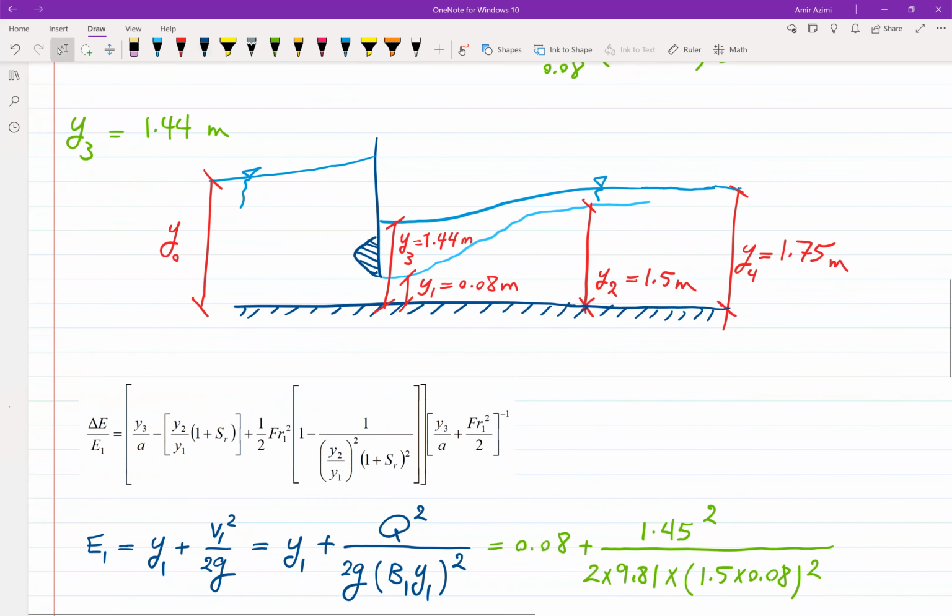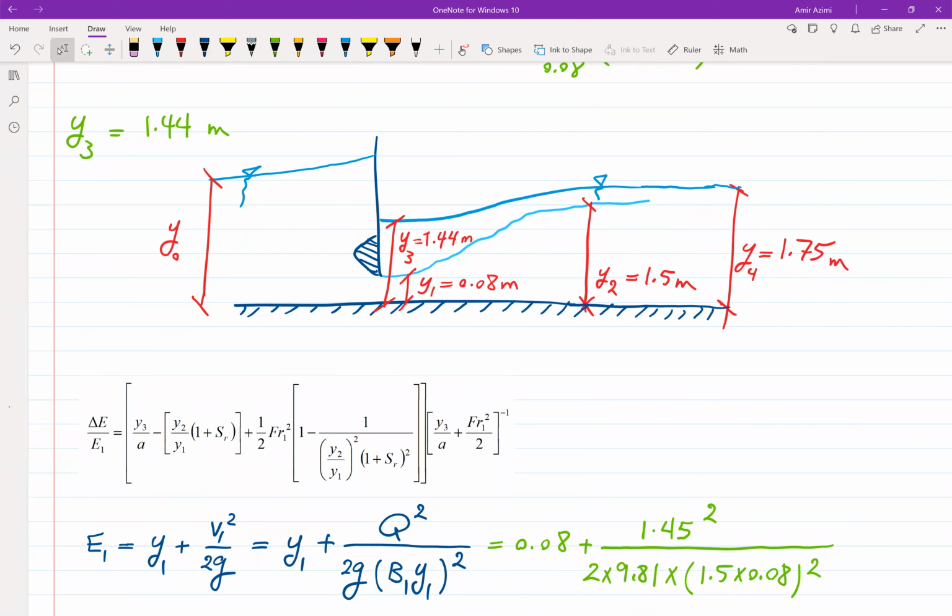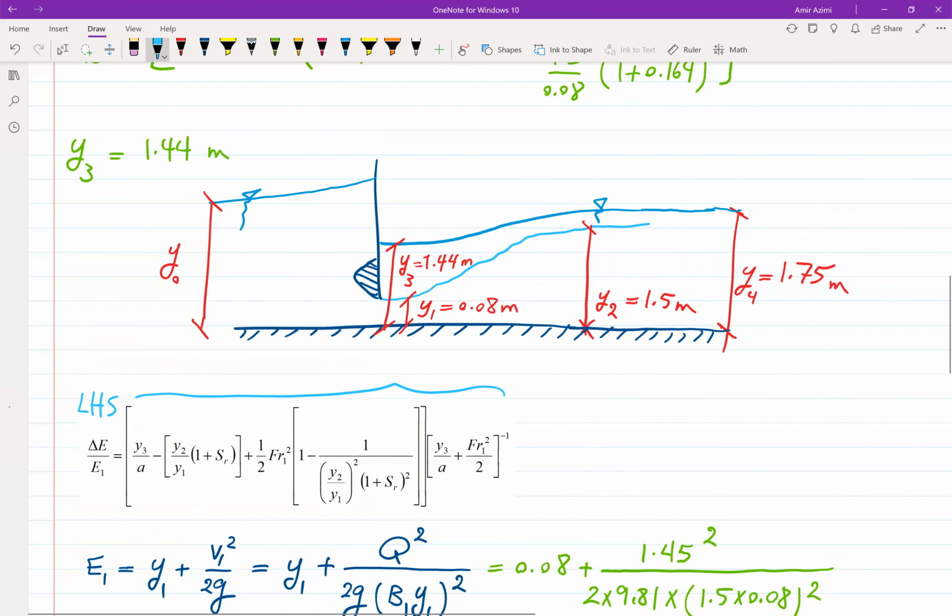For the energy loss, there's an equation, and you will see that the equation is very lengthy, but we try to see what the value of Y3 is. The left-hand side of this equation is known, and the right-hand side is also known because we already calculated Y3.